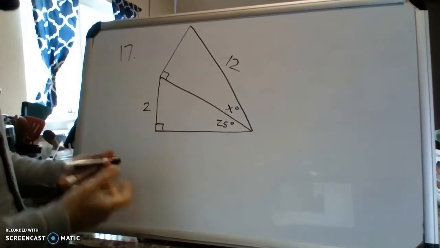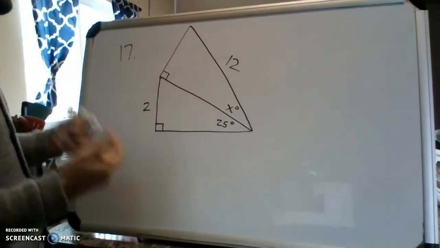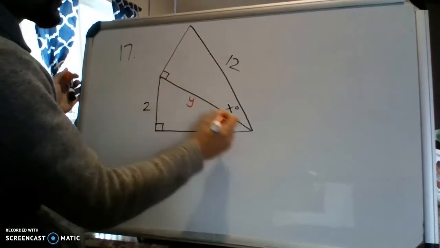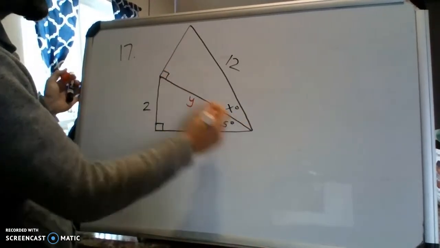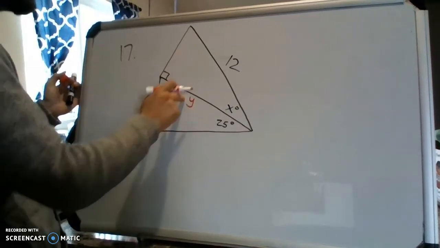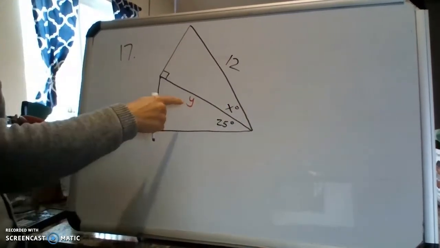Now specifically, we're trying to solve something in the upper triangle, so I think it makes the most sense for us to try to solve out this length right here. If we can solve out what y is, then that will help us continue on to solve out what x is. So let's start off here.